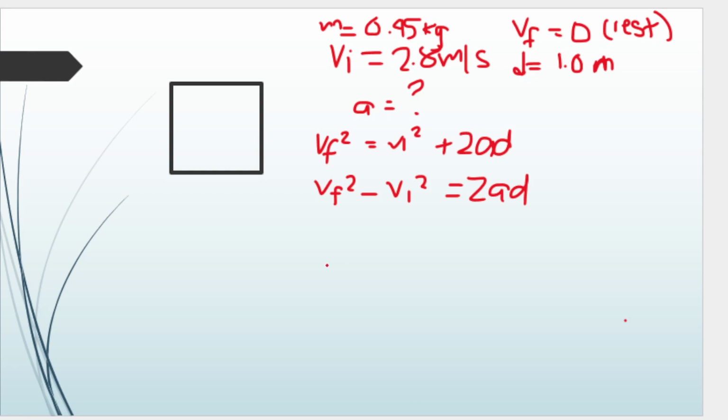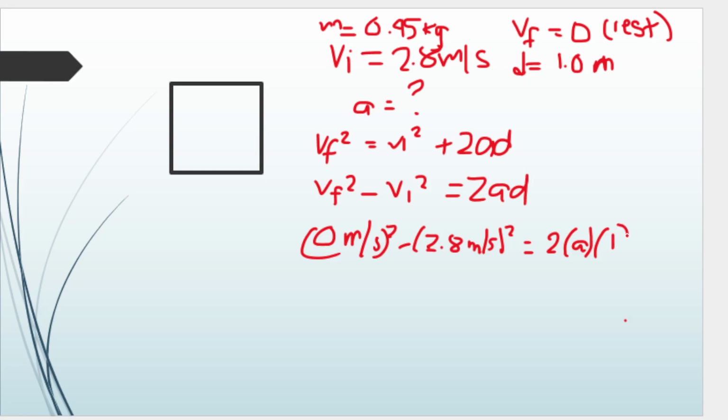The final velocity is 0, so that is 0 squared, meter per second squared, minus initial, or subtracted by the initial velocity, which is 2.8 meter per second, then squared. Okay, then 2 acceleration, displacement of 1. So here it becomes 2a because that's just 1.